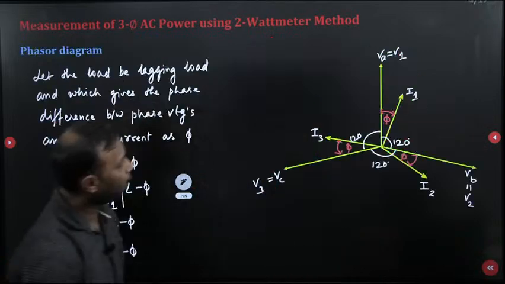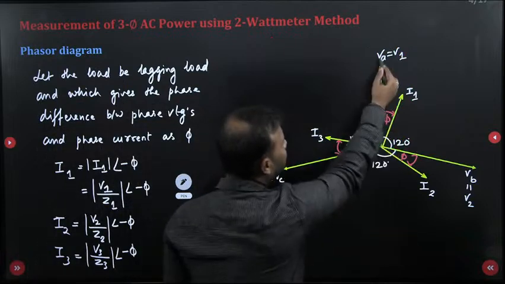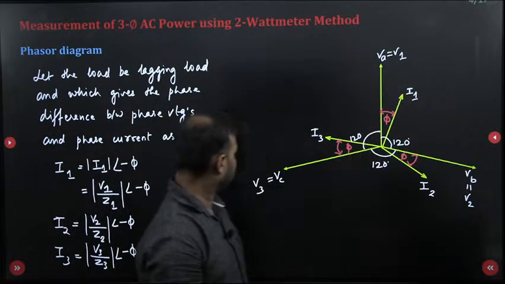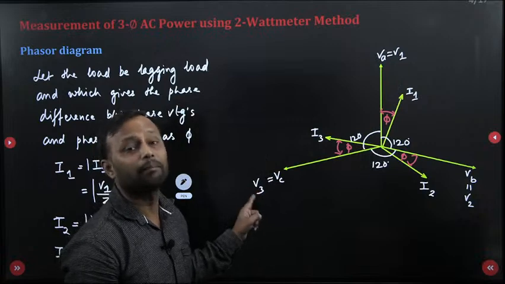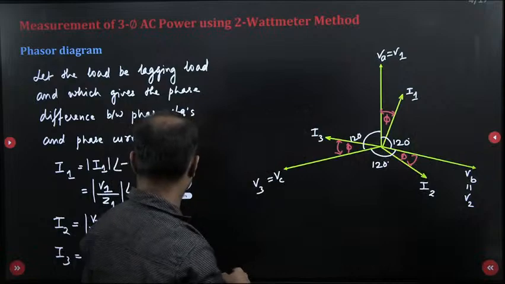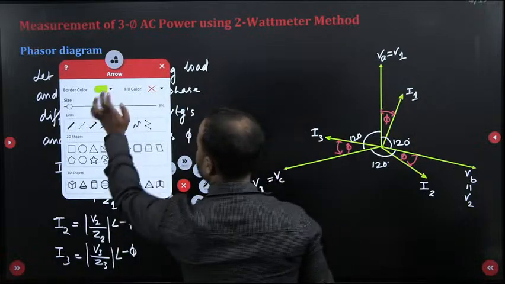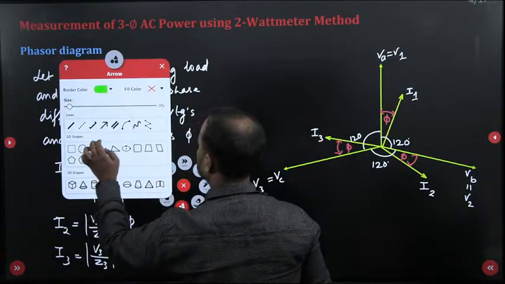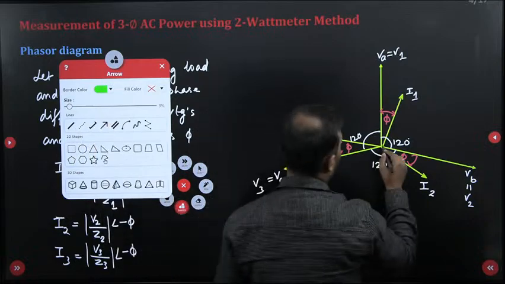So where is V1? V1 is here, and where is V3? V3 is here. But we require minus V3. So minus V3 is exactly opposite to that. So let me change the color here.